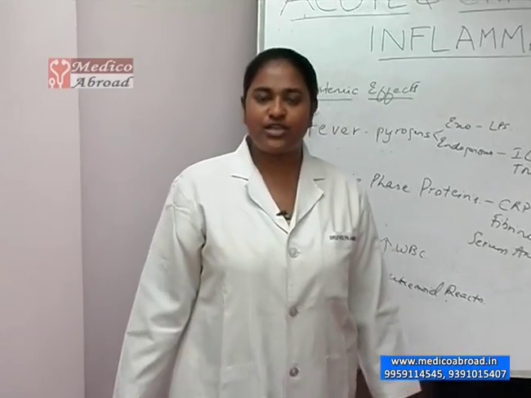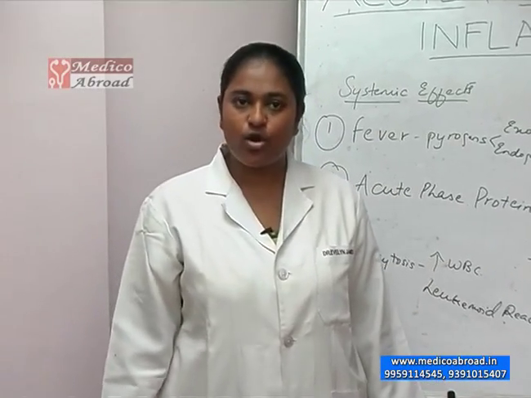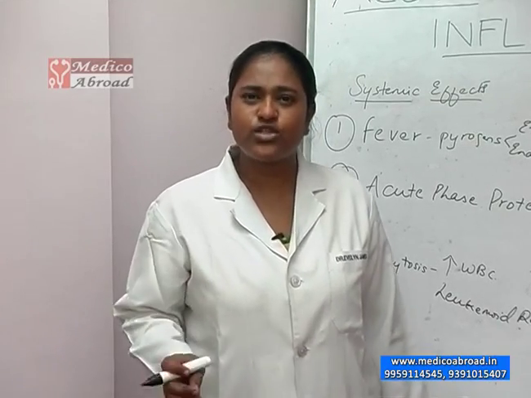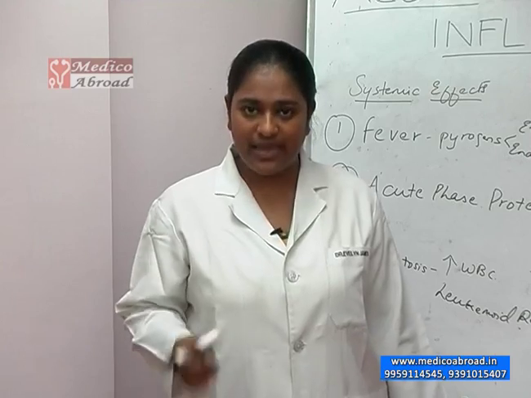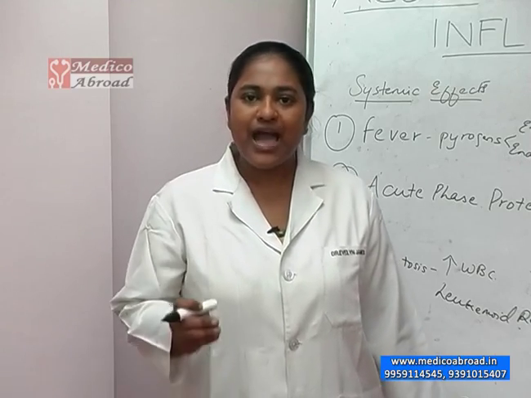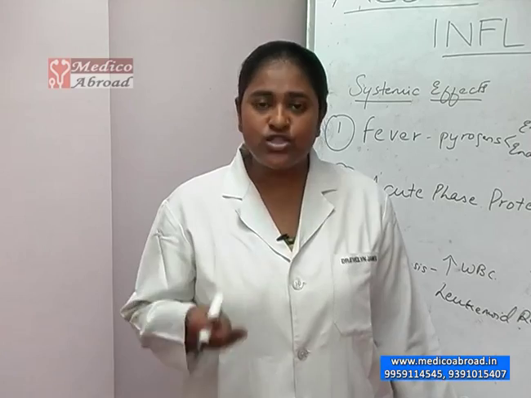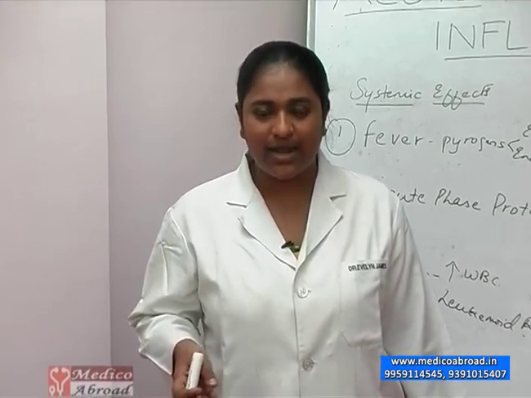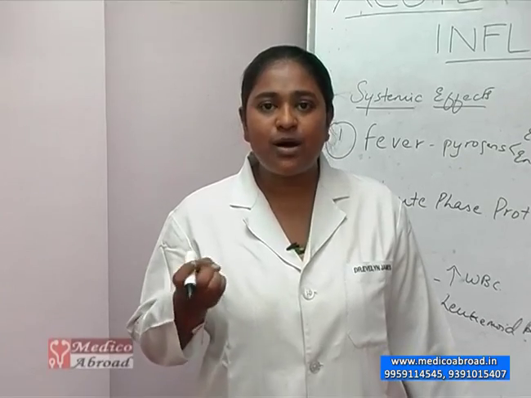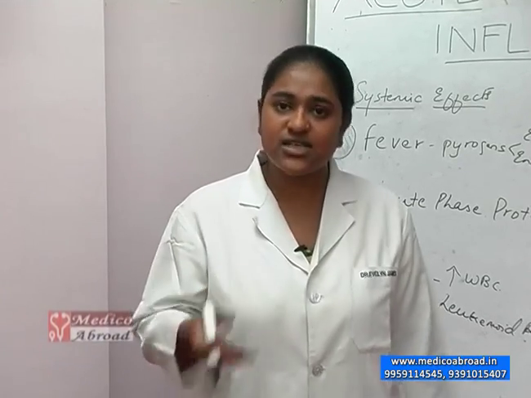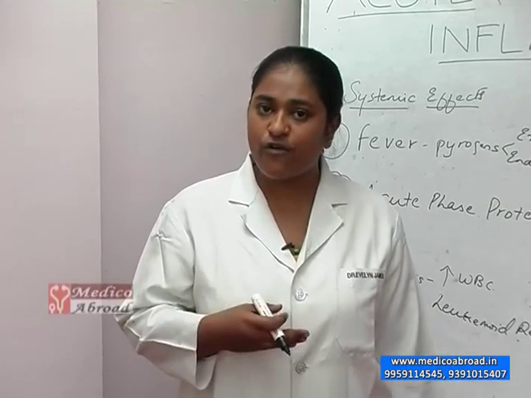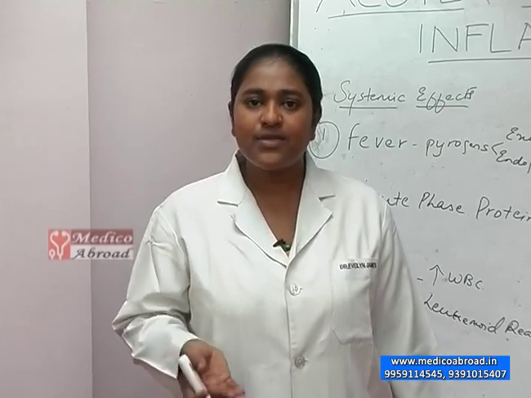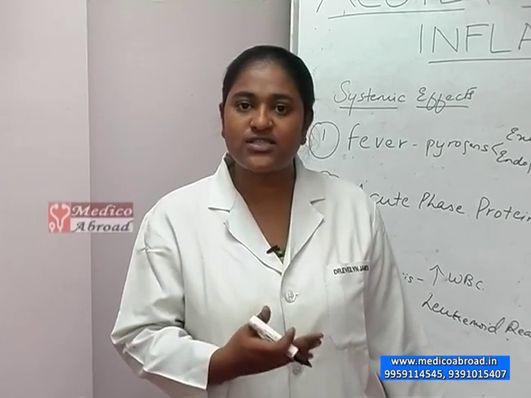In acute inflammation, the cells which proliferate or which are the predominant cells are neutrophils. Therefore, there is usually a neutrophilia in acute inflammation. As more and more injurious substance is exposed to the various factors in the blood, there is a large amount of release of precursor cells of these neutrophils from the bone marrow. Therefore, if you take a blood picture, there is a left shift or a shift towards the left.